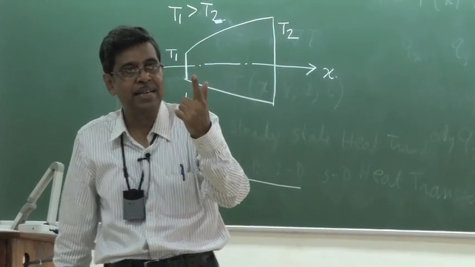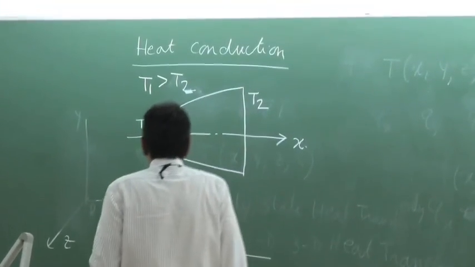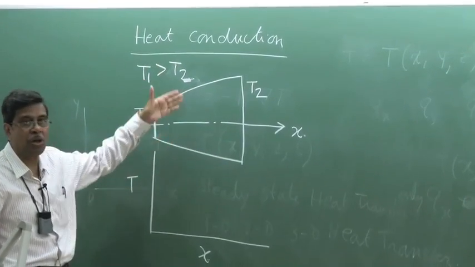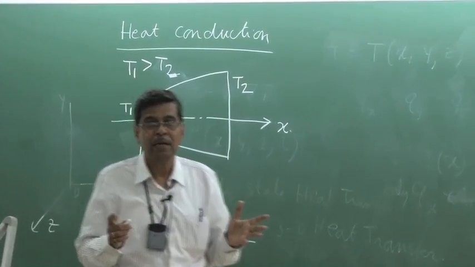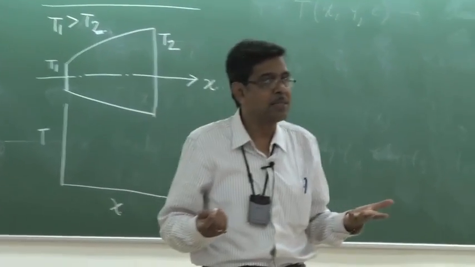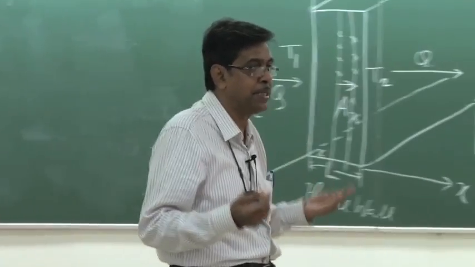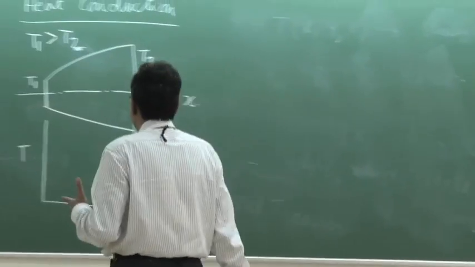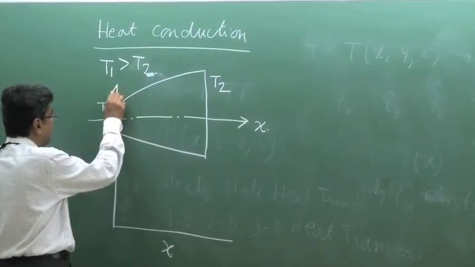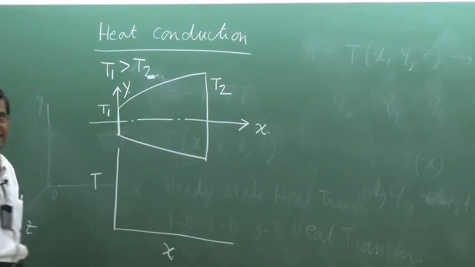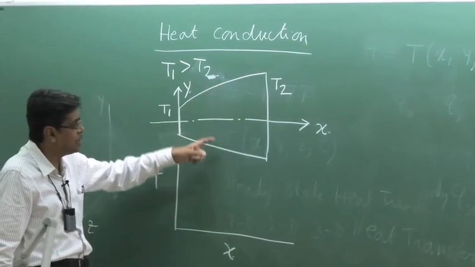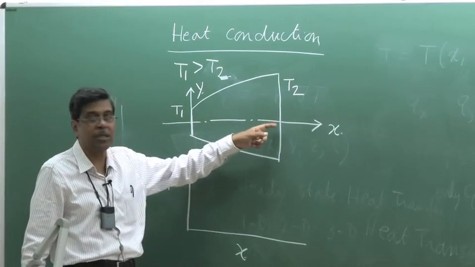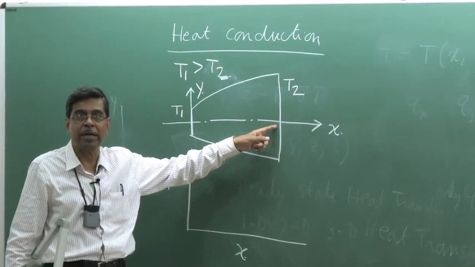But one catch is that this type of geometry, which is not a plane wall, where the area is not constant, strictly speaking doesn't give a one-dimensional heat transfer picture. Usually, in this type of geometry, the temperature is a function of both x and y. But under certain cases, the variation across this section is small compared to the variation along the length, depending upon the boundary conditions.